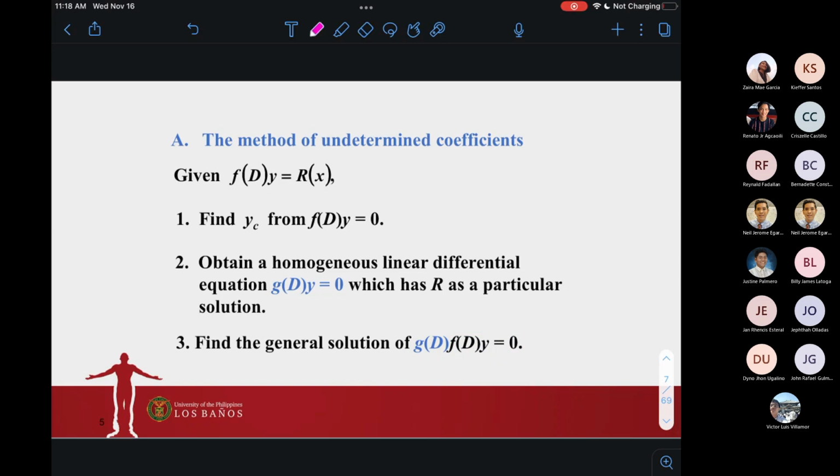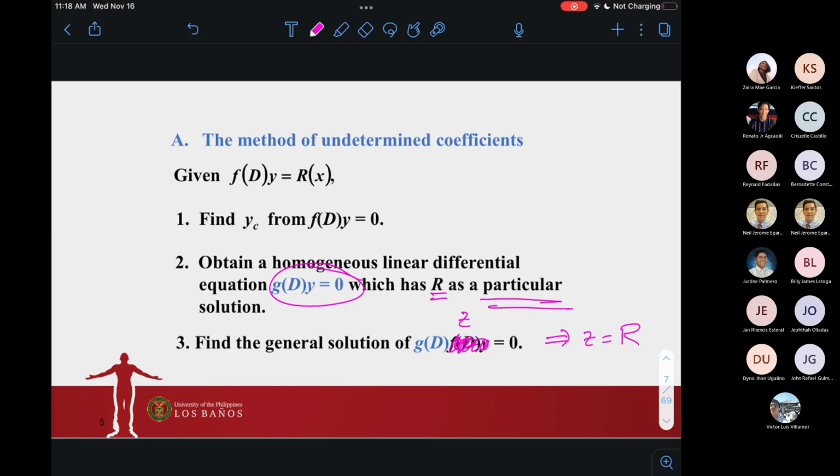You can think of it as G of Z equals 0. And by design, we know that R is a particular solution of G of D applied to Y equal kay 0. So, ibig sabihin, si G of D applied to Z equals 0, meaning Z is equal to R. Right?